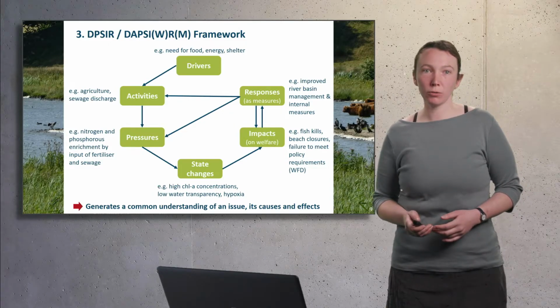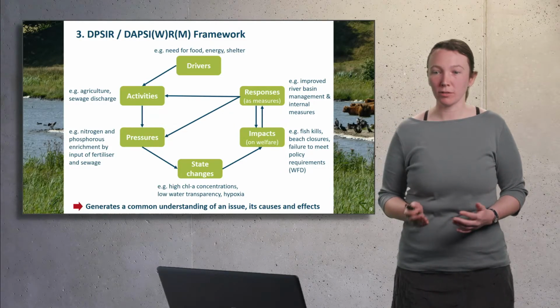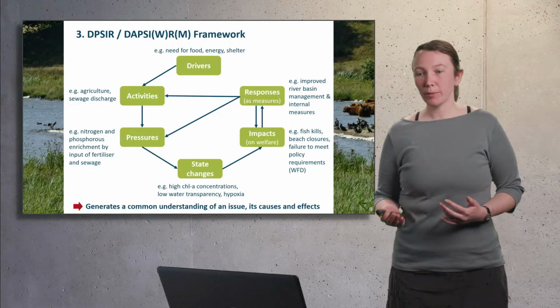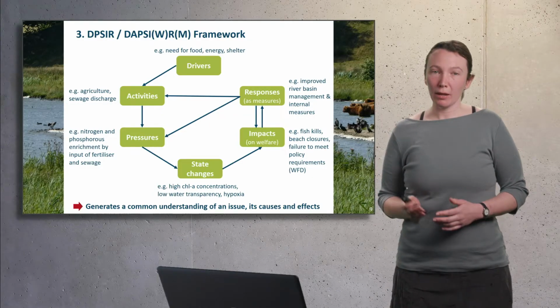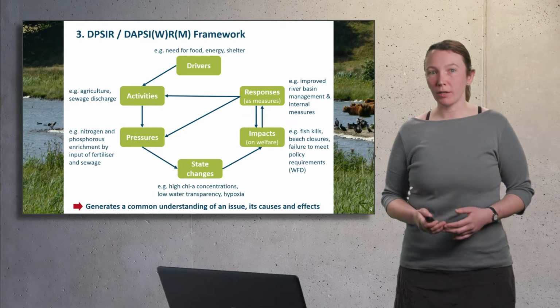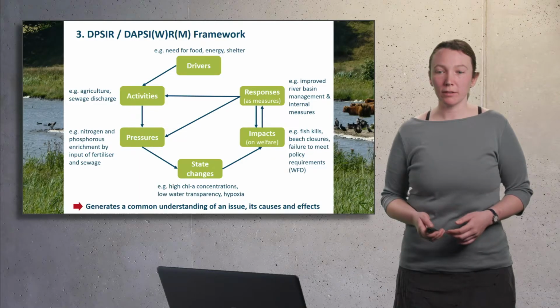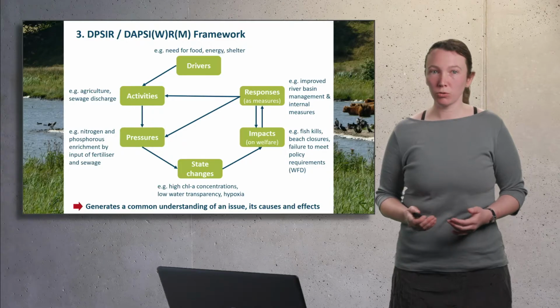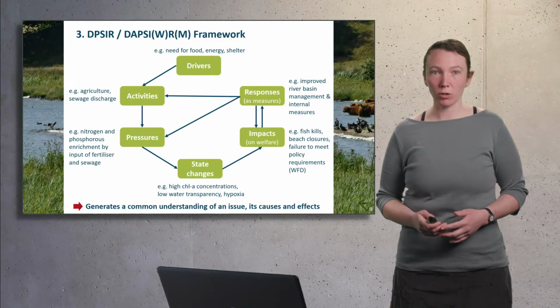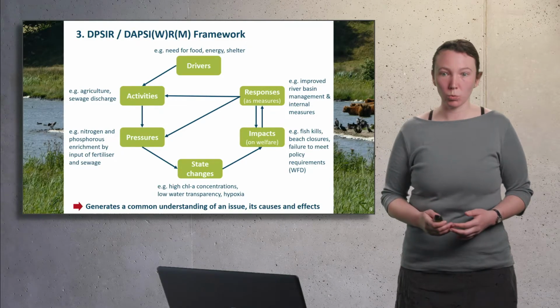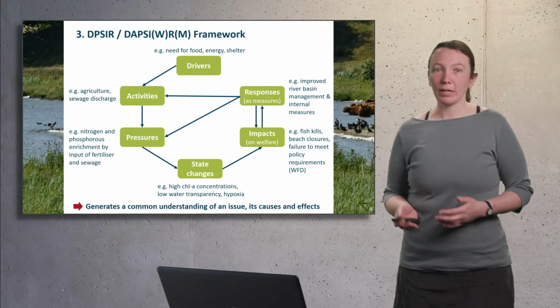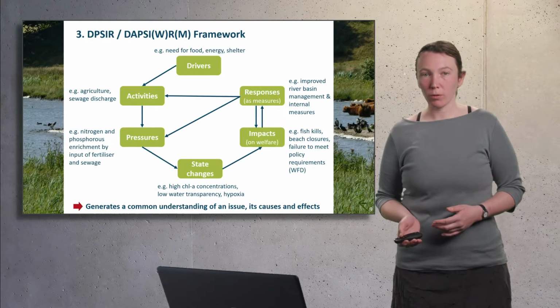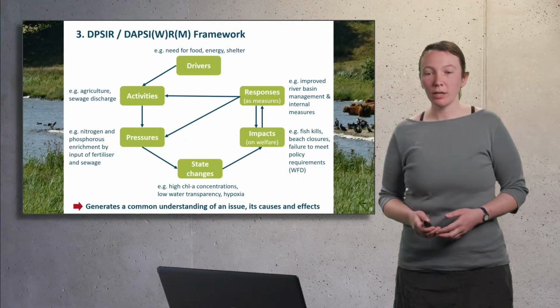So drivers are usually basic human needs, such as the need for food, energy, or shelter. And these drivers then lead to human activities, such as agriculture and sewage treatment, which leads to discharges of sewage into water bodies. The activities then have pressures on the natural system.